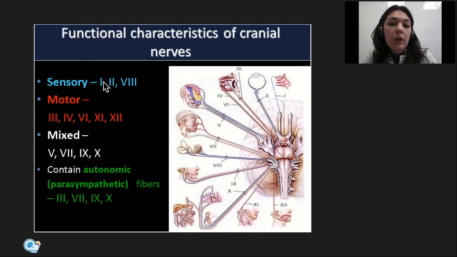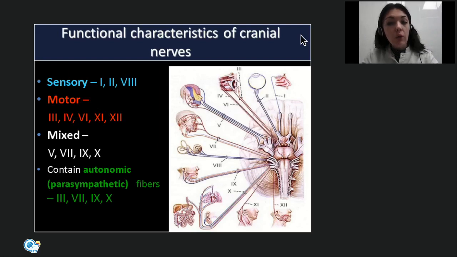First is the olfactory nerve, which is responsible for smelling. Second is the optic, which is responsible for vision. And the eighth pair is the vestibulocochlear nerve, which is responsible for balance and equilibrium and hearing. Purely motor nerves are the third, fourth, and sixth pairs. They are oculomotor, trochlear, and abducens nerves.